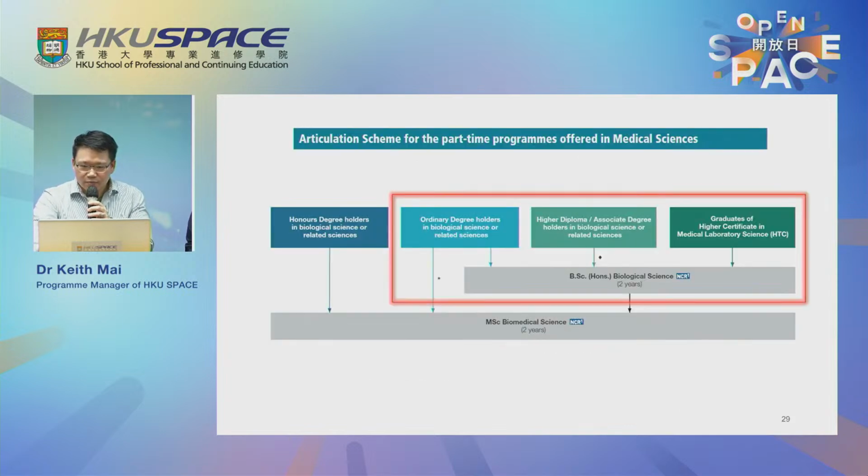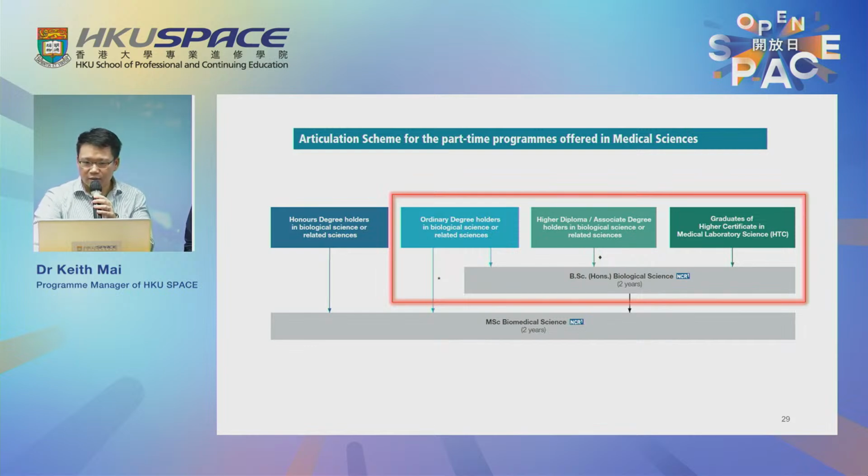So why do a top-up degree? Students who have studied an associate or higher degree may wish to do a top-up degree to get an undergraduate education, and also graduates of the higher certificate in medical laboratory science program, again to get a degree, and also students who may have studied other biological or related sciences and wish to gain more knowledge in biological science.